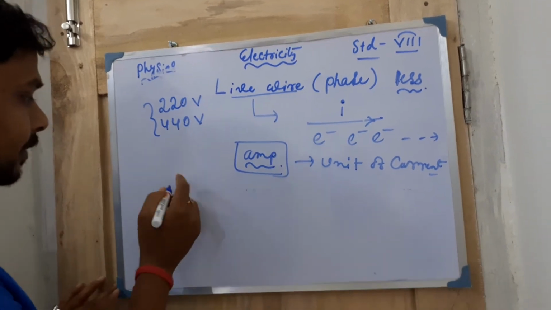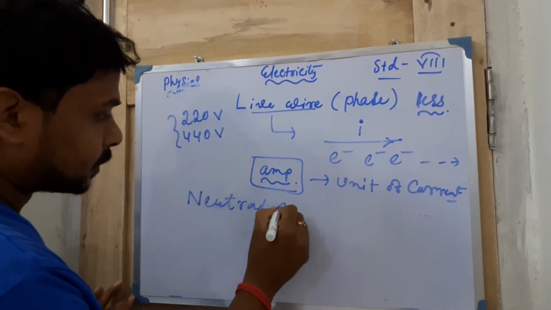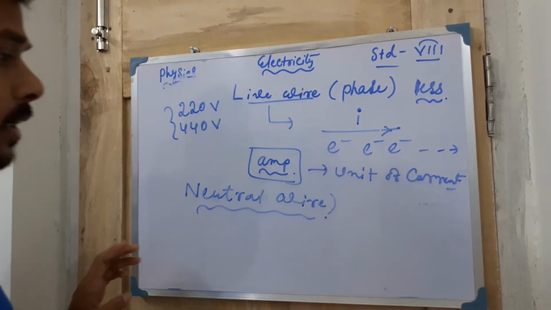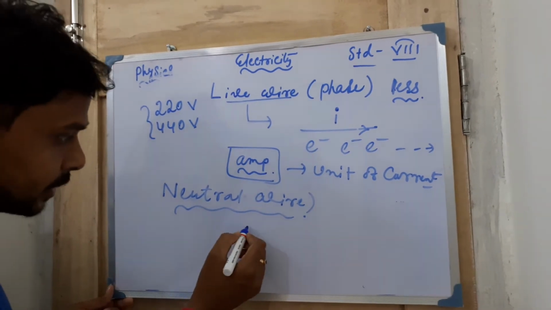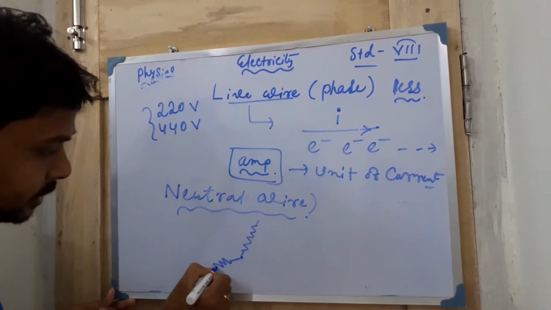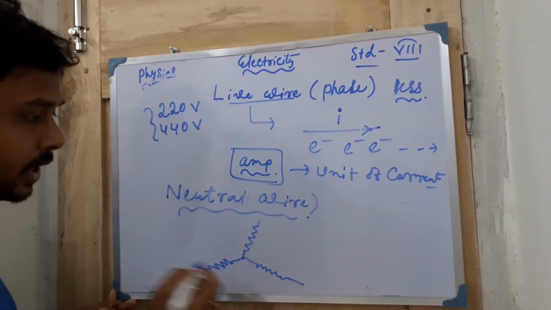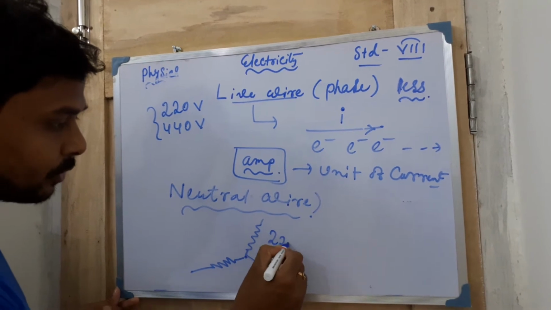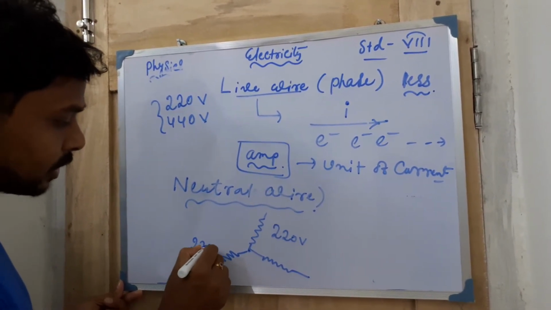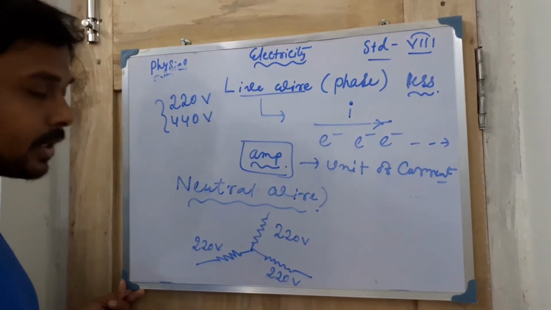Now the next is very important, that is the neutral wire. In case of the transformer, suppose if you draw it this way, one transformer, I have just drawn the three different phases of the transformer. Here 220 volt may be present, here also 220 volt is present on this side, and here also 220 volt is present on this side.